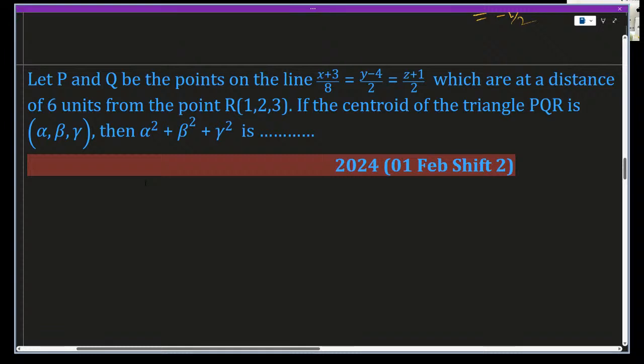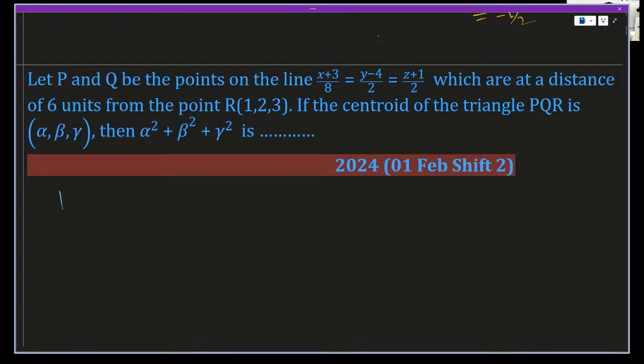See, whenever distance is involved, you have the right to use the mod concept. Mod x equal to a means x is plus or minus a.